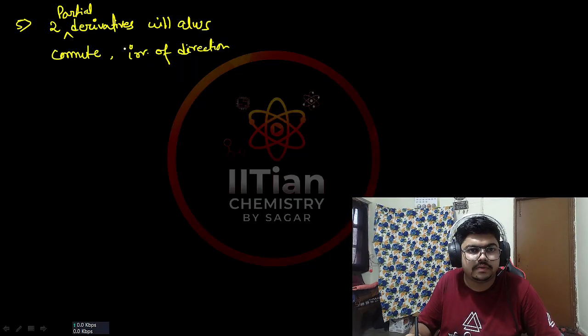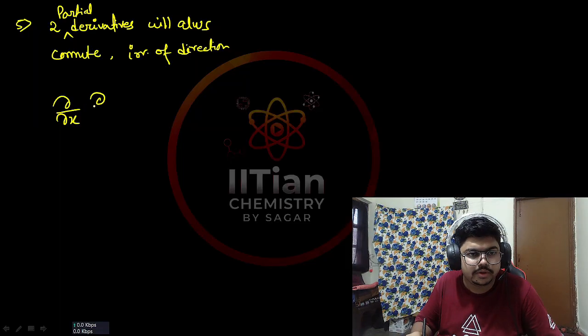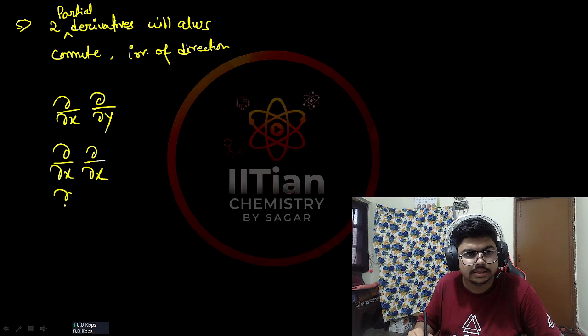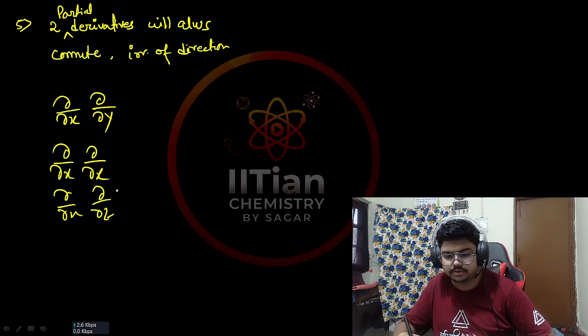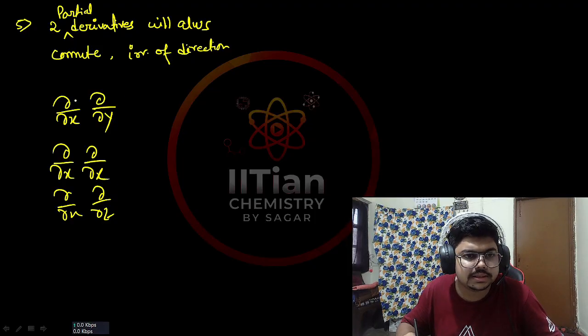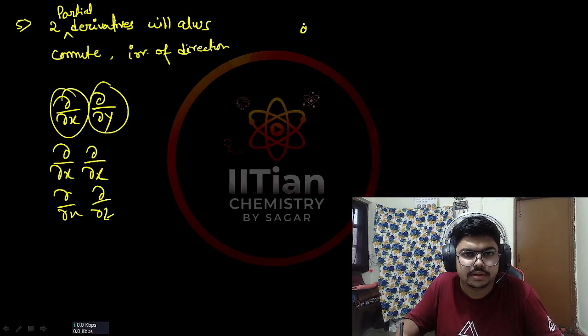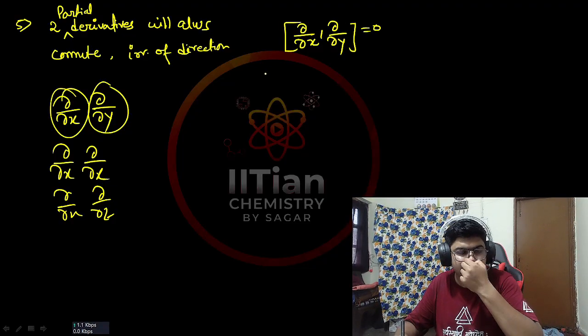Will commute irrespective of direction means del del x will commute with del del y, del del x will commute with del del x, del del x will commute with del del z, and each and every possible combination of that. That means if del del x comma del del y commute with each other, its commutator value is 0.